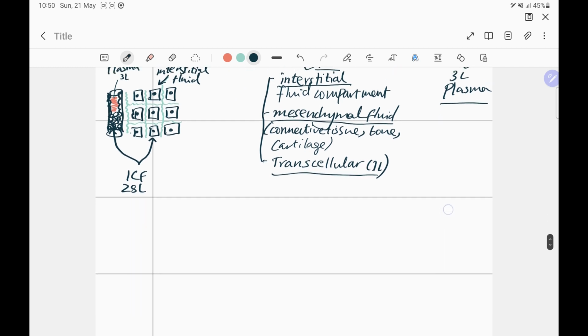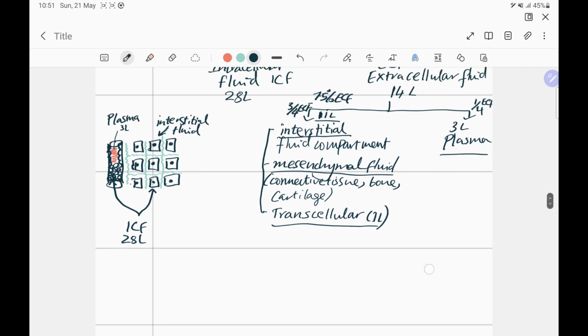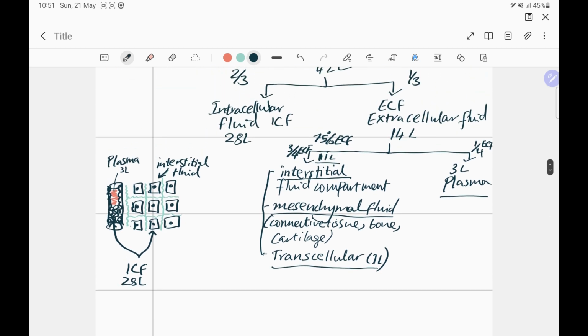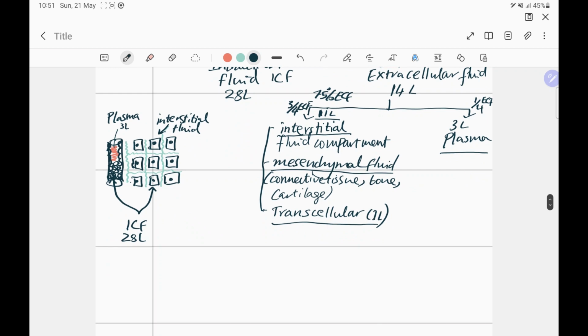Now, if we speak about the determinants of your body fluid compartments, there are some things you should be aware of. There are variations. It's not always the same, like I said, between gender, but also there are other factors like age and your body composition. So when we look at the body composition, I just like to speak about that for a minute.